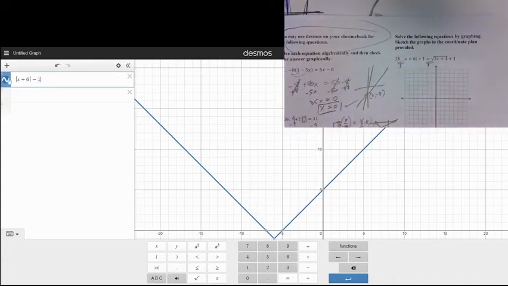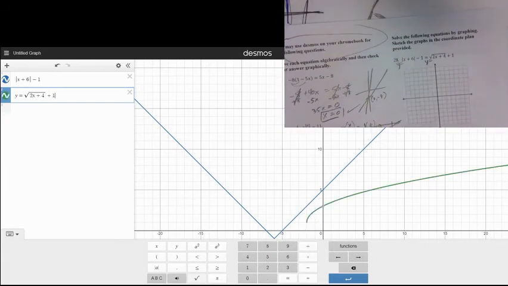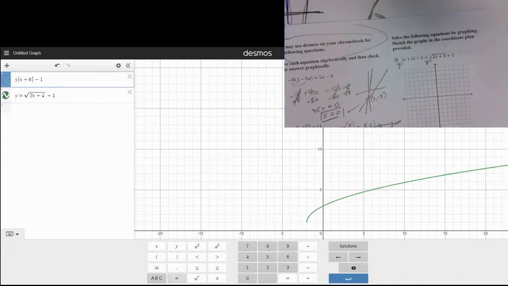And then I get y equals the square root of 2x plus 4 plus 1. Whoa! Did I do that right? I just check up here. Absolute value x plus 6 minus 1. Okay, that's right. 2x plus 4 under the root plus 1.